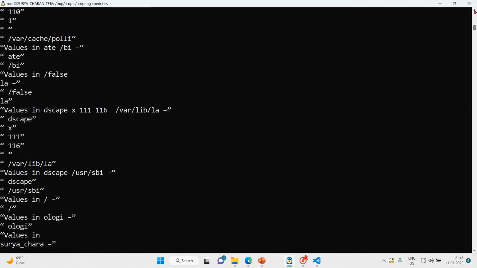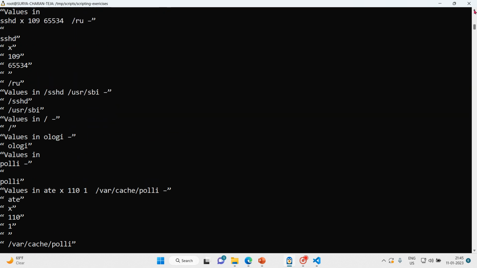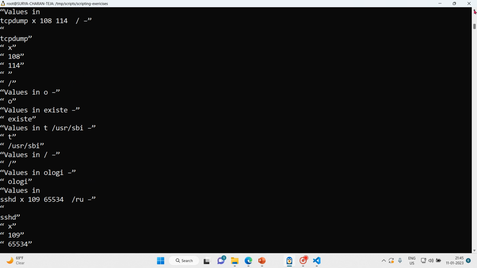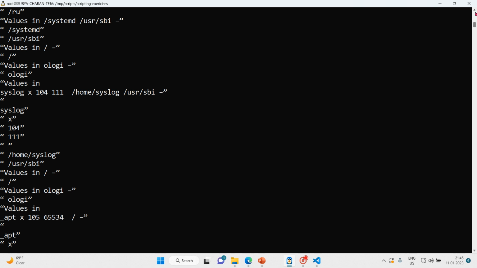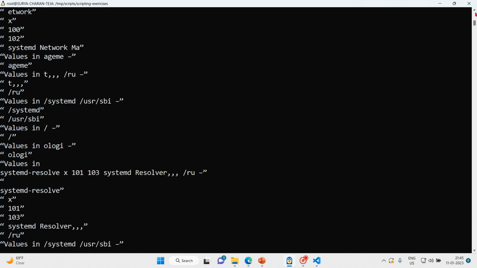Initially it was separated by line, and then each line has been further divided into words based on colon. I will scroll up, find the first line, and find the information about the root user.